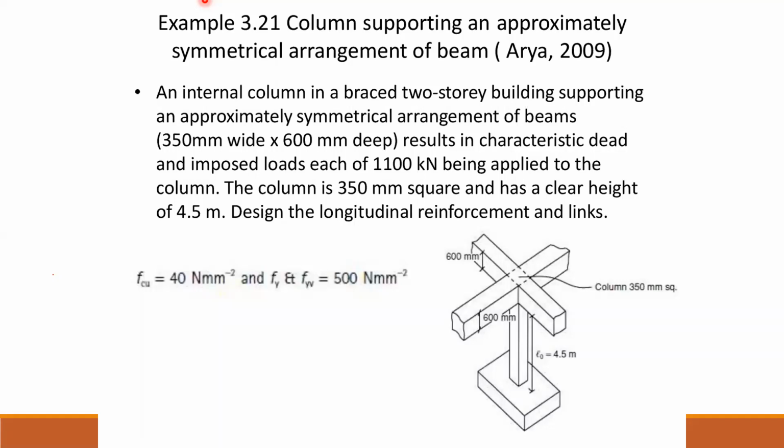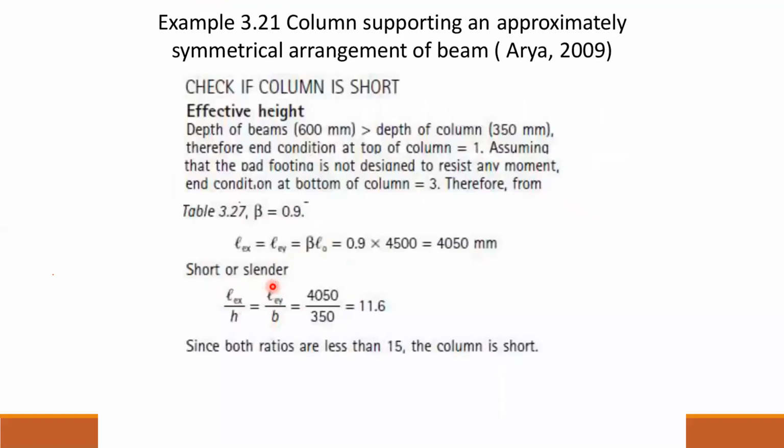The column is 350 millimeters square and has a clear height of 4.5 meter. Then design the longitudinal reinforcement bar. The values have been given here, and also the FCU is 40 newtons per millimeter squared, and FY and FYV are 500 megapascal. What it means is the main reinforcement and the shear link reinforcement yield at 500 megapascal.